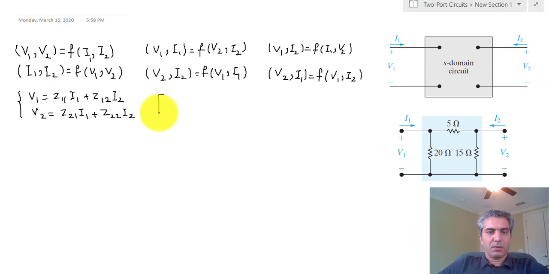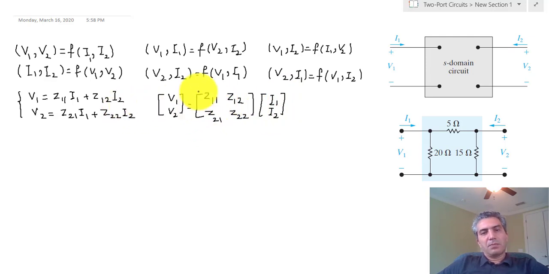If I take V1 and V2 and write them in a vector format, then I take all these Z values and put them in a 2 by 2 matrix, Z11, Z12, Z21, and finally Z22, and multiply that by I1 and I2, you obviously get the same set of equations.